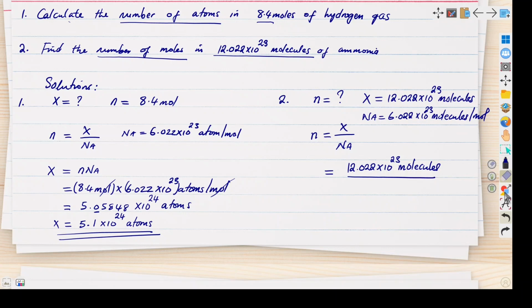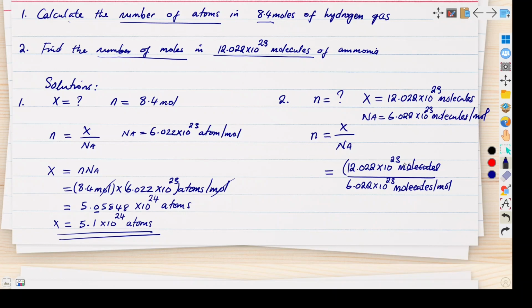You put it down here, you say divided by 6.022 times 10 to the power 23 molecules per mole. So this mole and this mole will cancel. Then you should divide this by that.